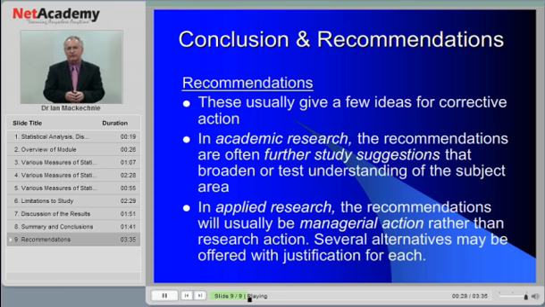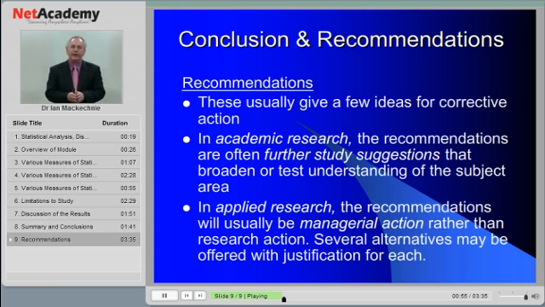Now, it often depends on whether you're doing theoretical work or whether you're doing applied research. But the recommendation section normally is the area where you give a few ideas as to how the findings and the conclusions that you draw from your studies can require corrective action to be taken.